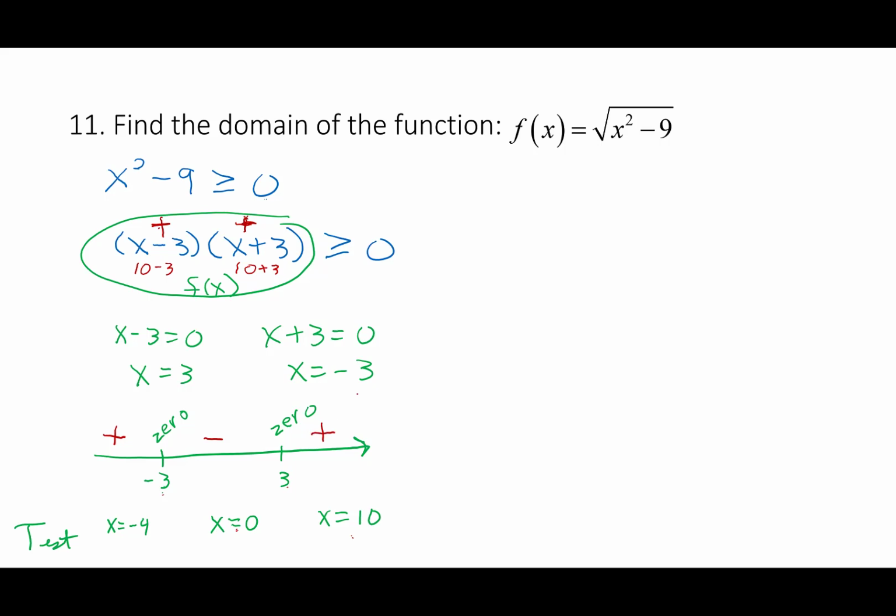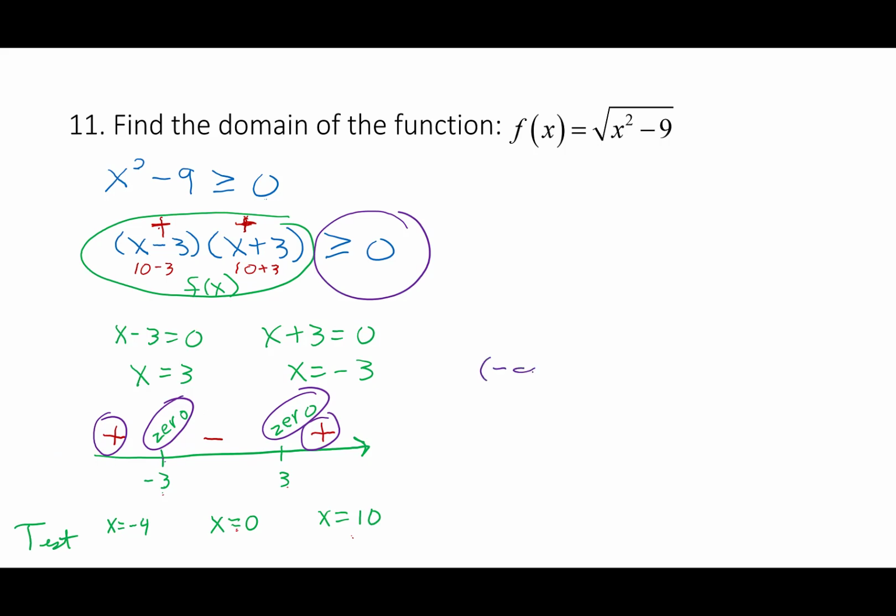So if I'm trying to find the domain of this function, what am I looking for? I'm looking for values that are greater than or equal to 0. That means positive values are greater than 0 and zeros are equal to 0. So my answer for the domain is all numbers to the left of negative 3, including negative 3.